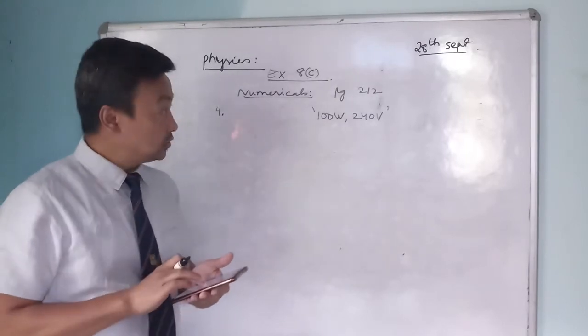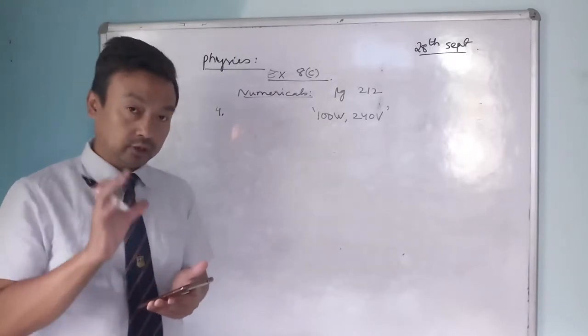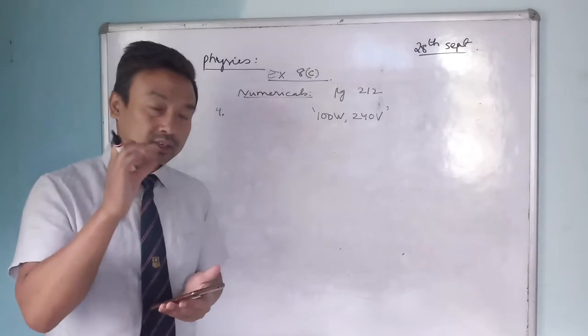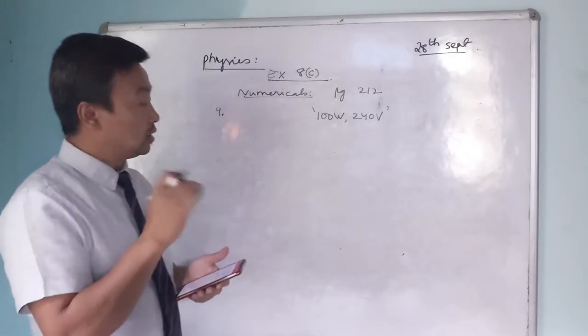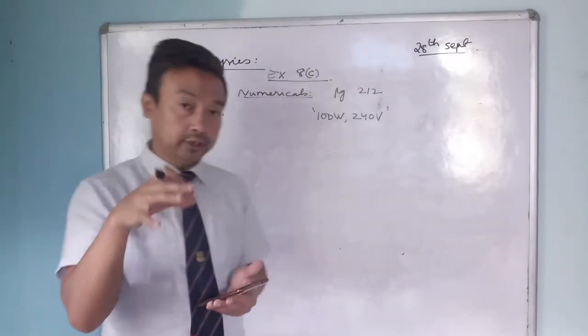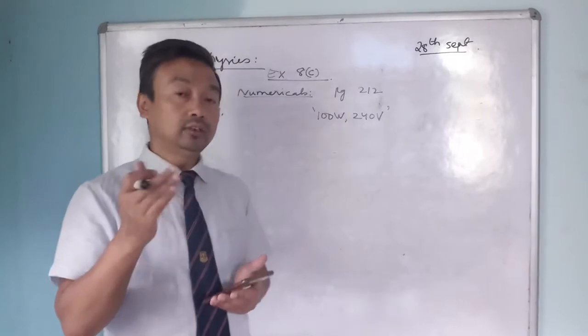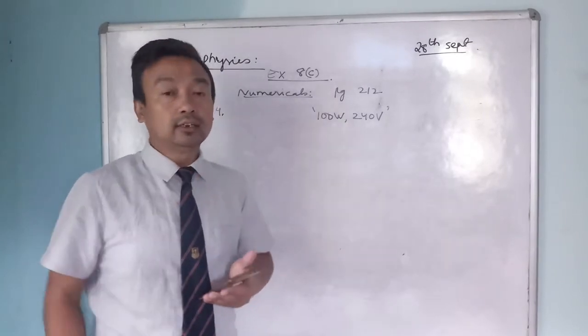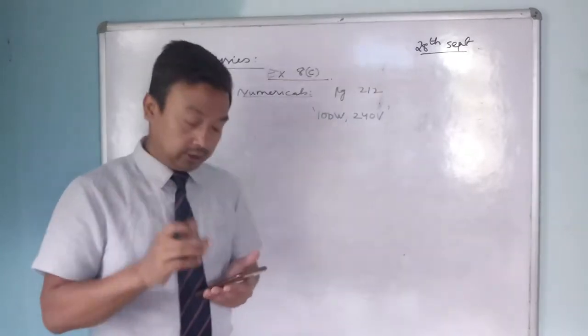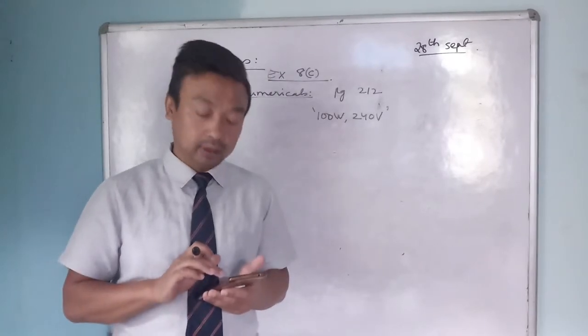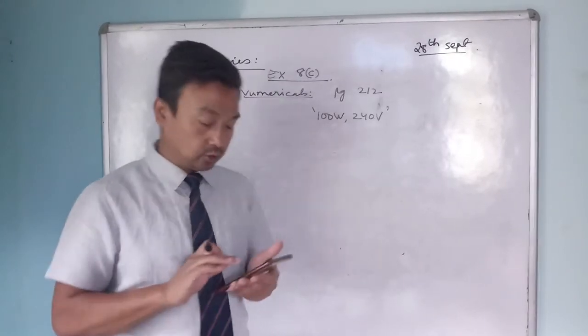If you look at the potential difference, the voltage will be standard in our place. It will be around 250 to 240. That is the standard voltage. All the appliances will be labeled accordingly.